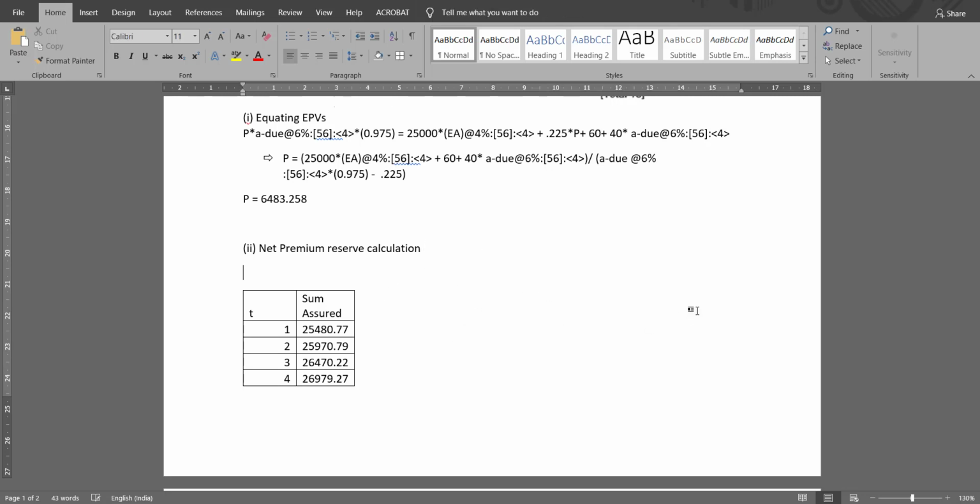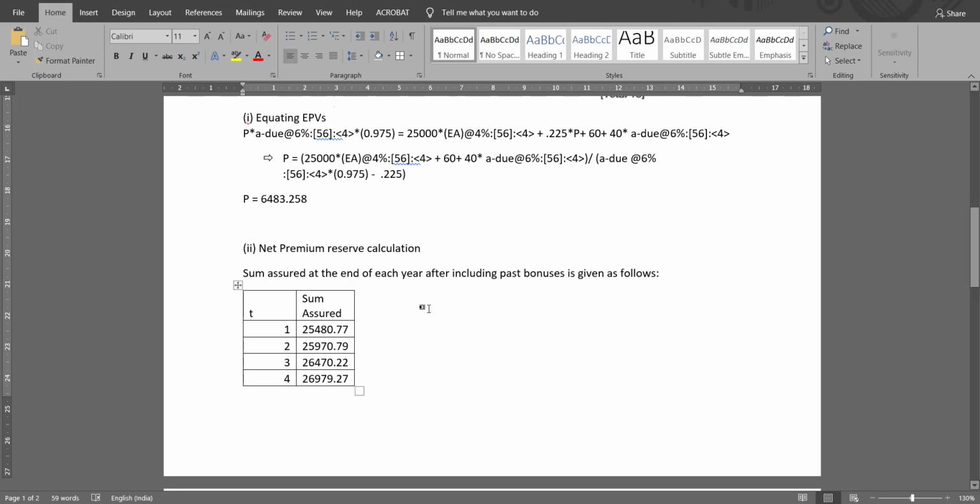So you will just say sum assured at the end of each year after including past bonuses is given as follows.